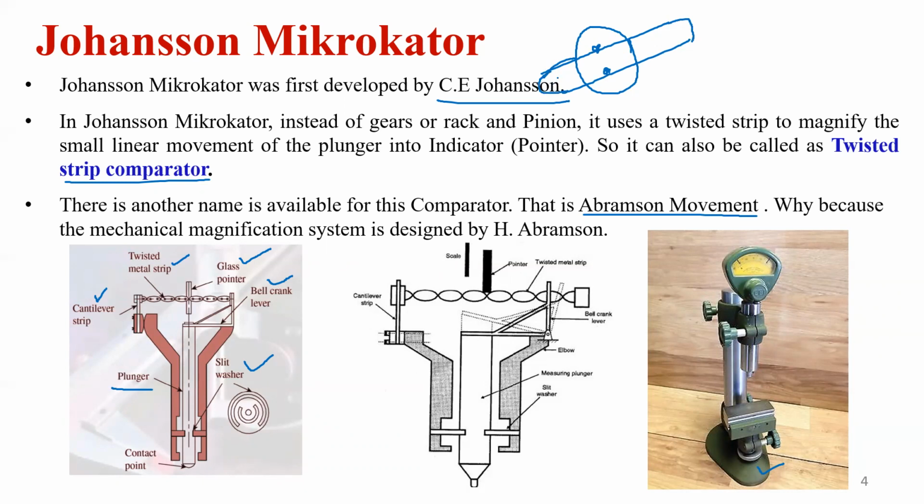We support one side of the thread with the left hand finger, and the other end with the right hand finger, and then we rotate this button. So this button spins.